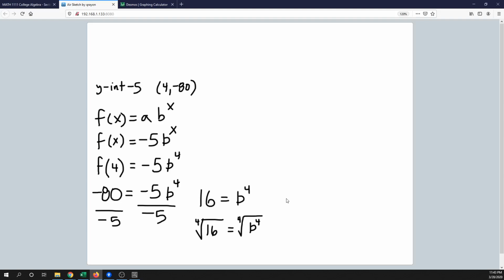And when you take the 4th root of b to the 4th, that's just going to come out to be b. There is a little point that I'm glossing over there, but this is just what you need to do here. And so now I need to figure out what the 4th root of 16 is. It's going to come out to be 2, because if I take 4 2's and multiply them all together, it comes out to be 16, okay?